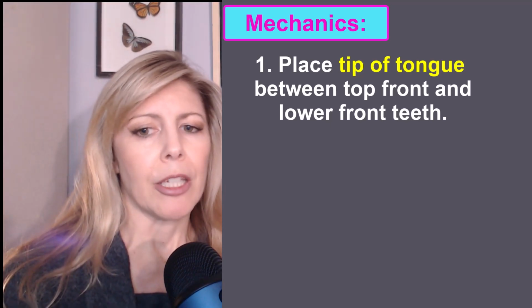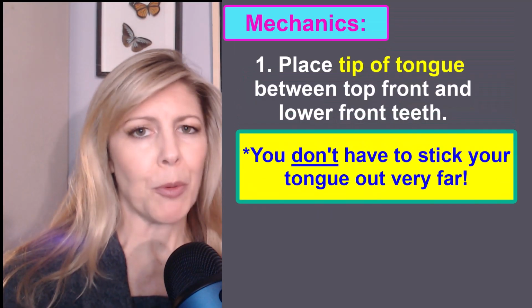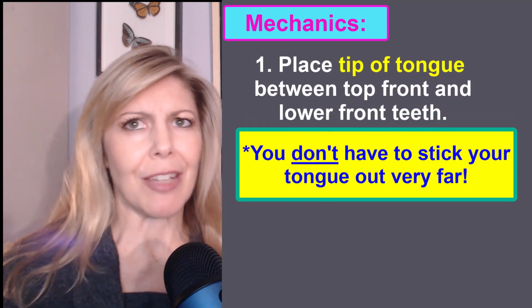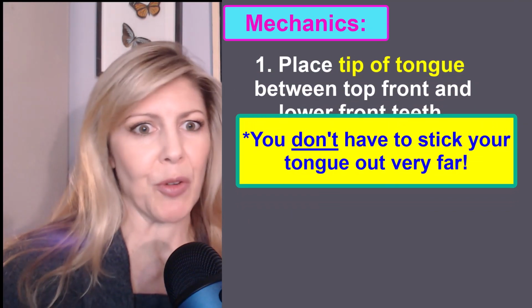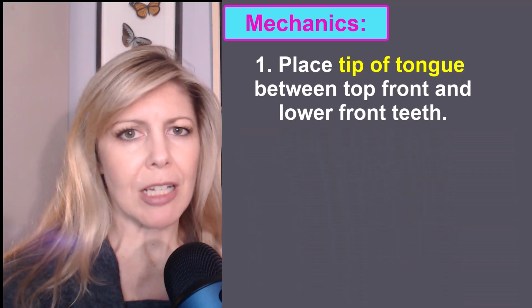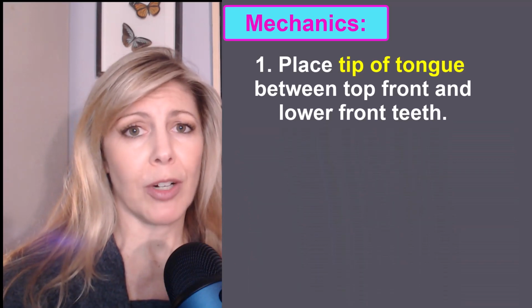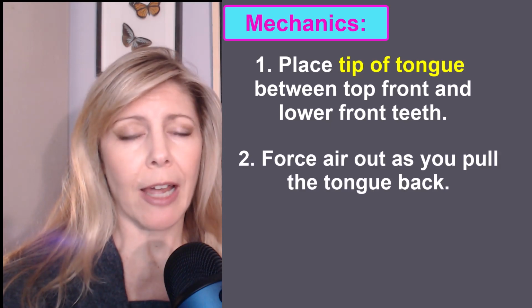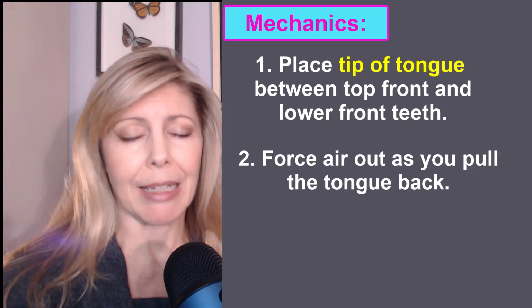You don't have to show a lot of your tongue, just a small portion. Sometimes people say, oh, this TH sound, I have to stick my tongue out so far, but you don't. You really don't. You're going to place the tip of your tongue between the top front and lower front teeth. You're going to force air out as you pull the tongue back at the same time.